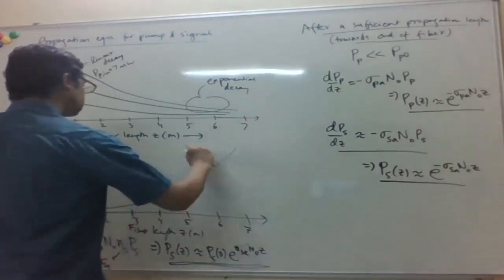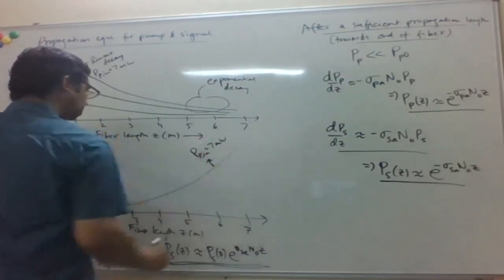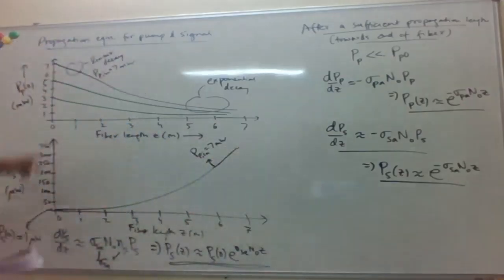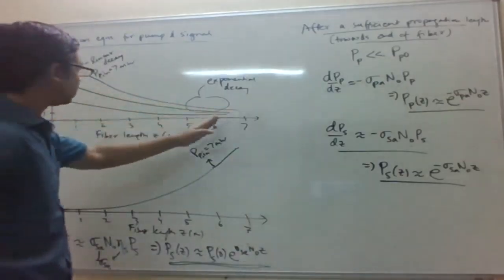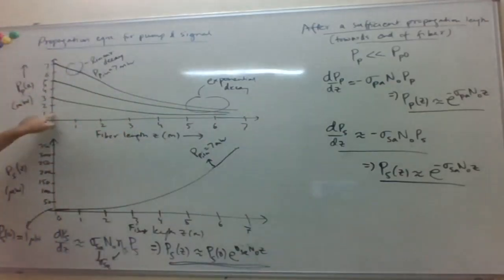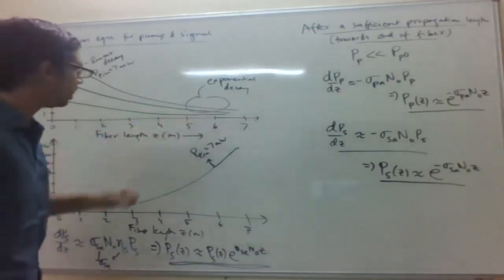This is for an input pump power of 7 milliwatt. Even at a fiber length of around 7 meter, the pump power is still above this PP naught, still above 1 milliwatt.